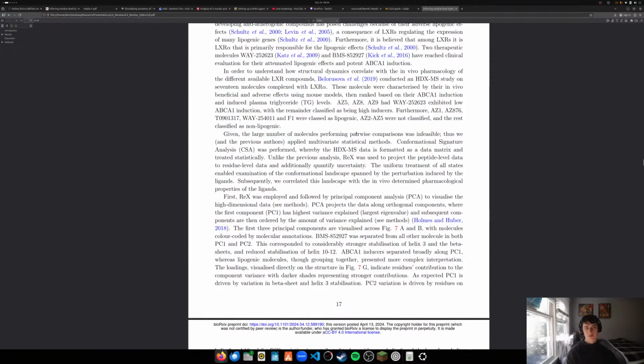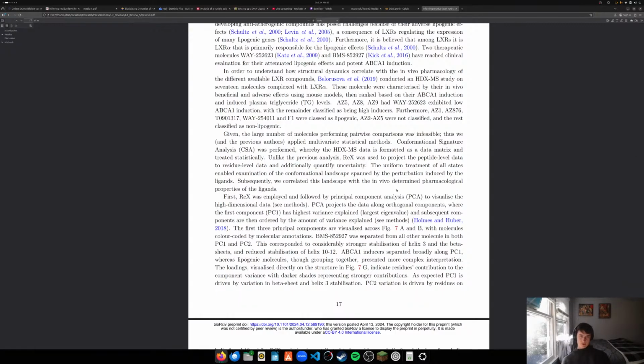Given the large number of molecules, performing pairwise comparisons was infeasible. Thus, we and previous authors applied multivariate statistical methods. Conformational signature analysis was performed, whereby the data was formatted as a data matrix and treated statistically. Unlike previous analysis, are used to project the peptide data to the residue level and additionally quantify uncertainty.